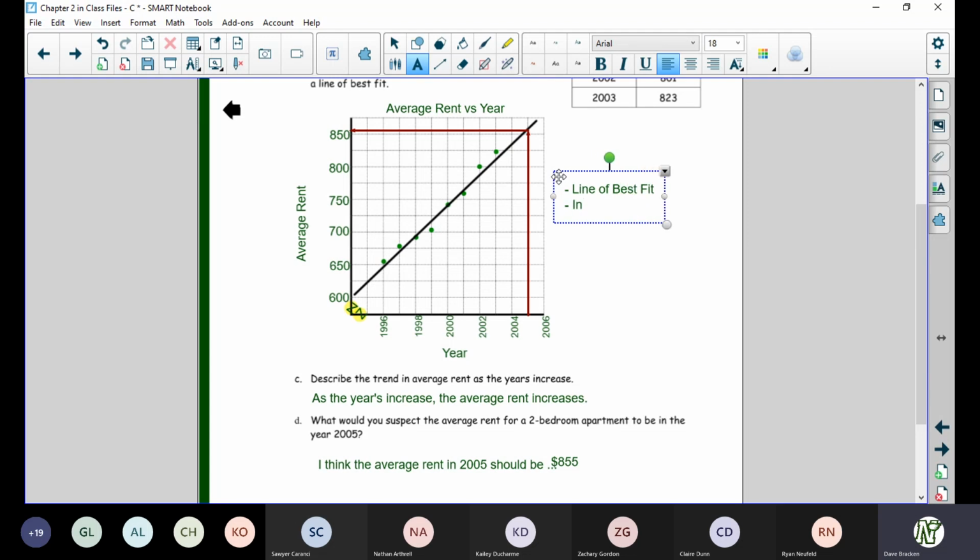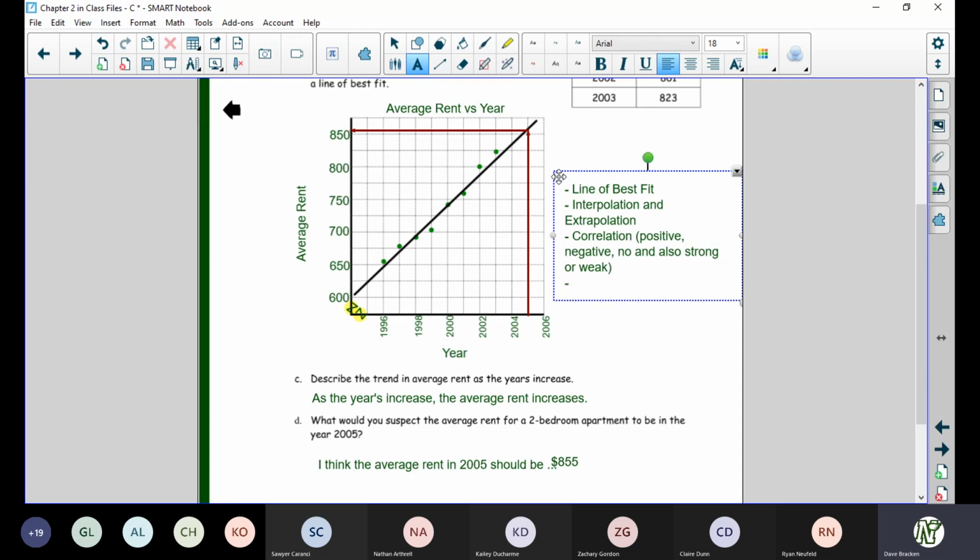Then I wanted to introduce you to interpolation, estimating inside your dots, and extrapolation, outside your dots. I wanted to introduce you to correlation, okay, which is positive, negative, and no correlation, and also strong or weak.